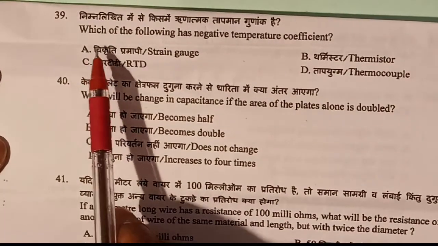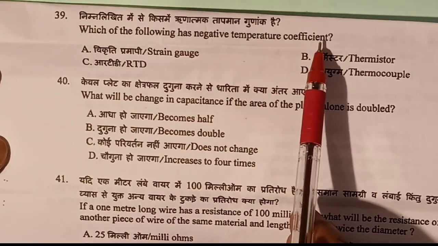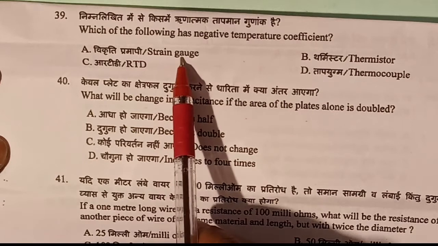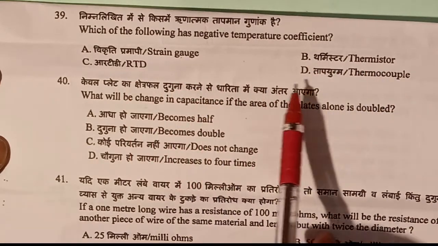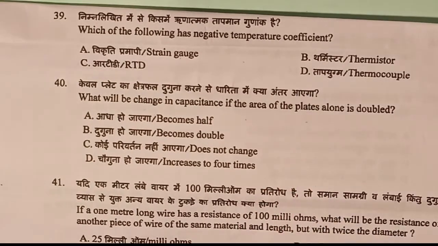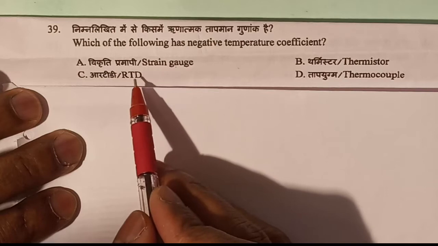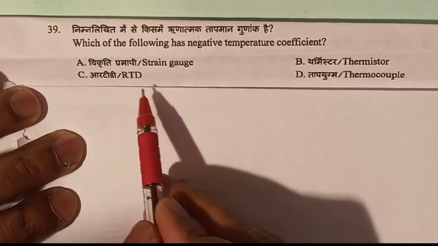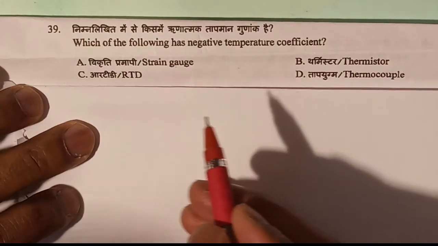Question number 39. Which of the following has negative temperature coefficient? Option A, strain gauge. Option B, thermistor. Option C, RTD. Option D, thermocouple. So we have strain gauge, thermistor, RTD and thermocouple. The thermocouple will have 2 junctions.